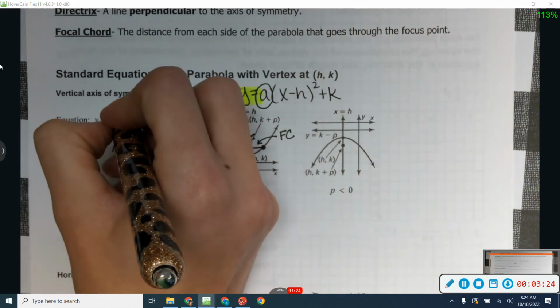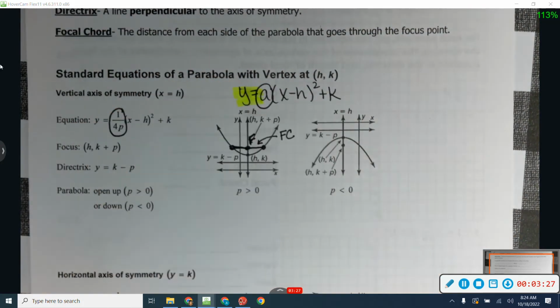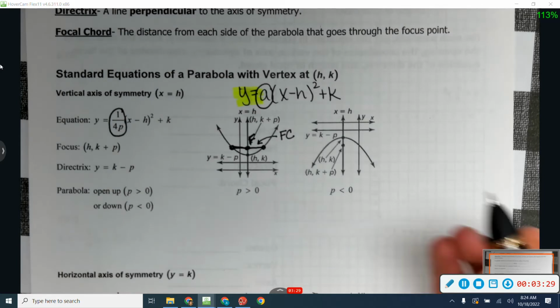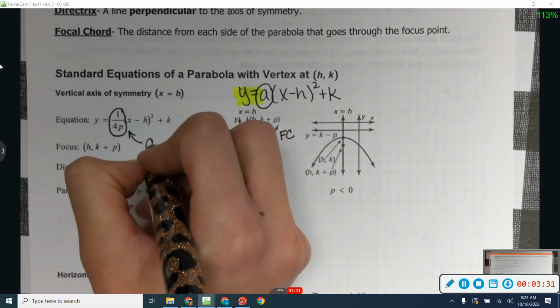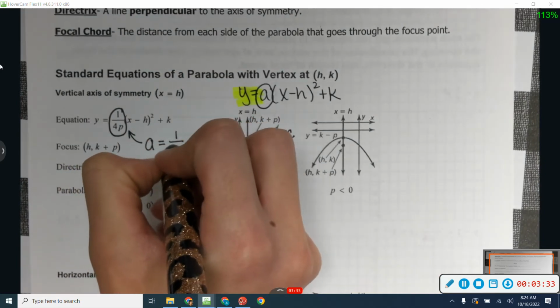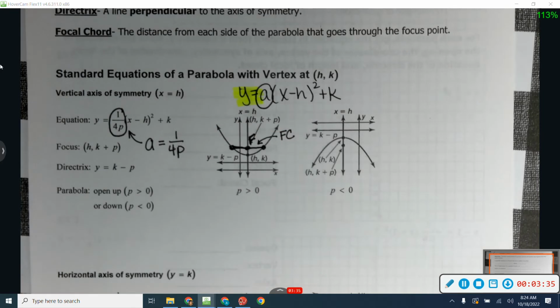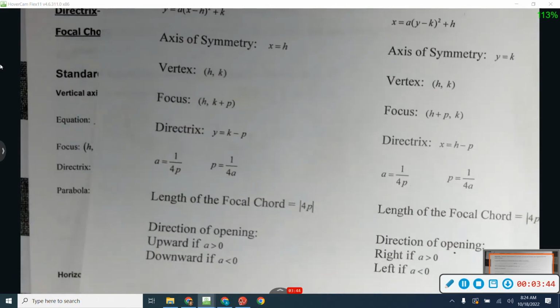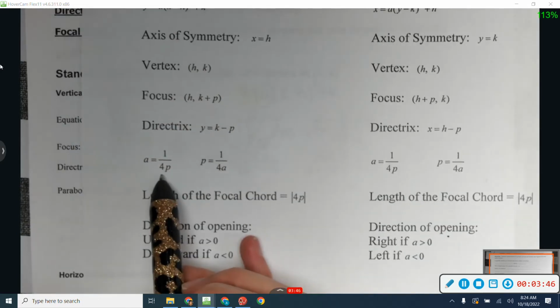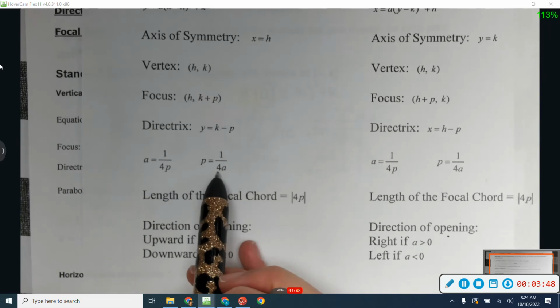Well, now if you look at the equation over here, it's 1 over 4p. So all this is telling me is A is equal to 1 over 4p. That's on your formula chart. A is equal to 1 over 4p, and P is equal to 1 over 4A.